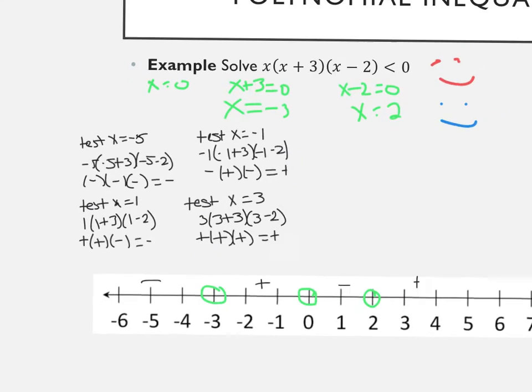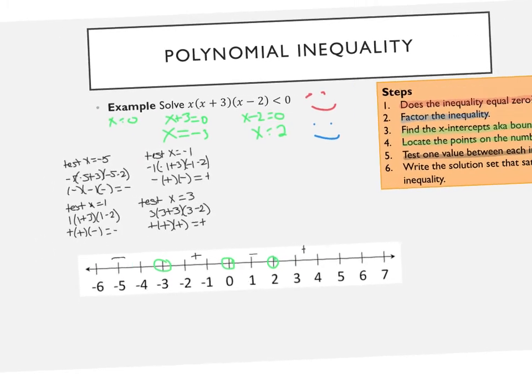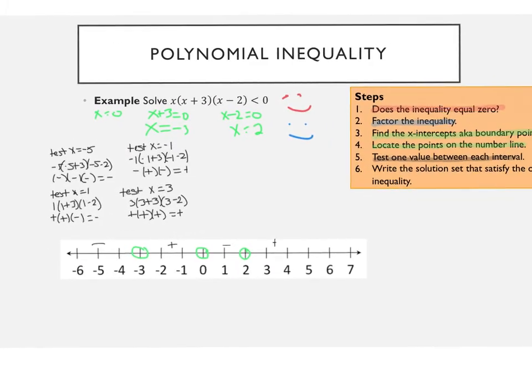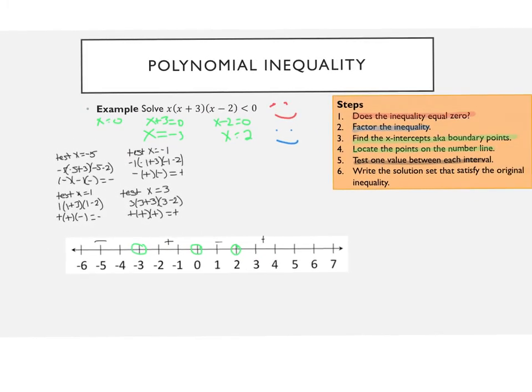Okay, so all that's left for us to do now is to write our solution set that satisfies the original inequality. So because we have a less than, that means we want the negatives. And because it's a less than sign, we're going to use the parentheses.